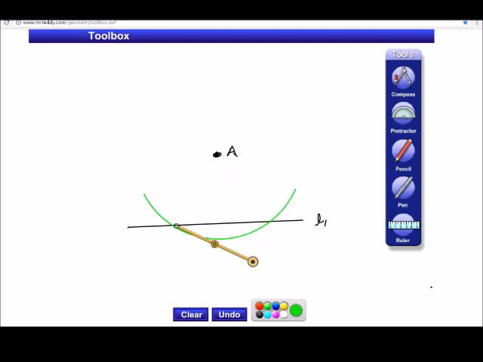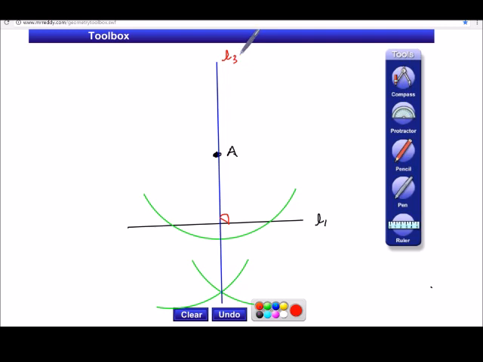And then I just use my compass setting and construct my perpendicular bisector. So now I can draw a line, and we know that this is perpendicular to L1. So this is L3.